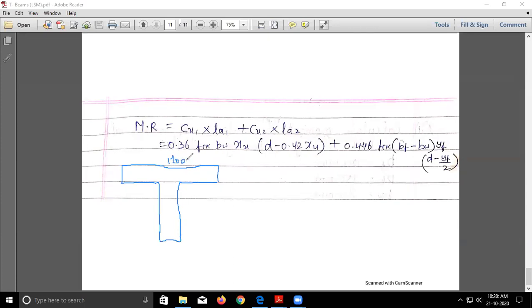Now tell me what is the depth of the flange? This value. 150. This is 150.